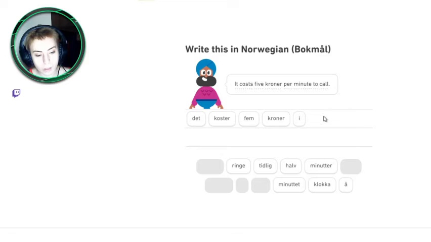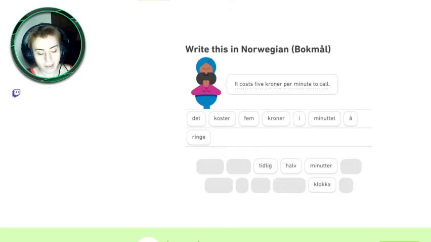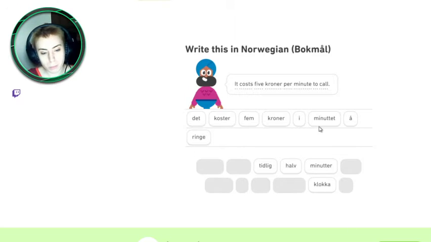Oh no. Or is it minutet? Minutta? Minute? And ringe, or ringer, to call, that's the indefinite form? Or the infinitive form to call. Yay, I got it right. Det kostar 5 kronor i minuter och ringa.